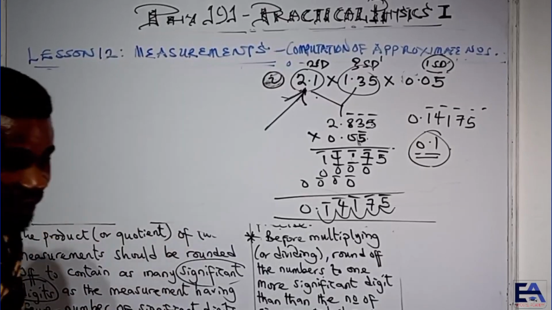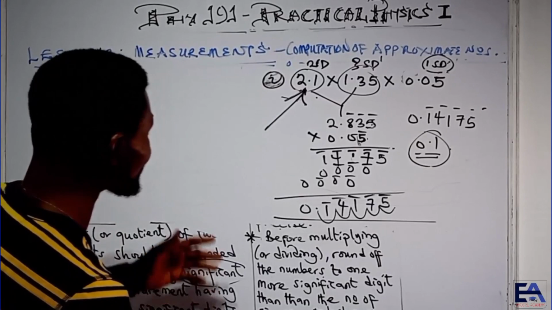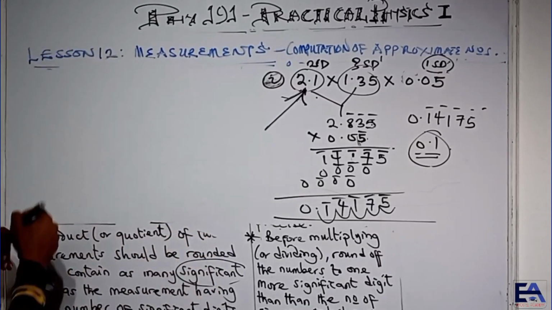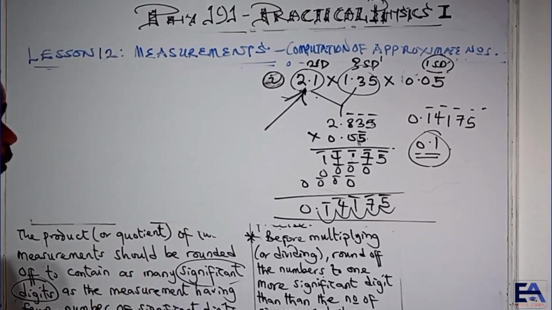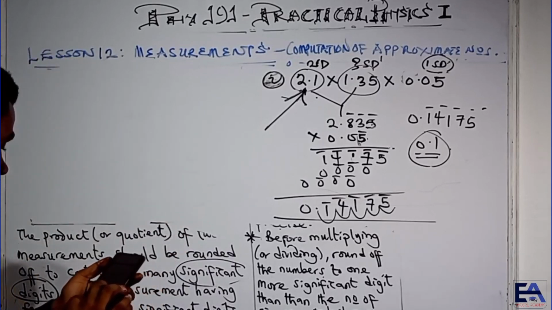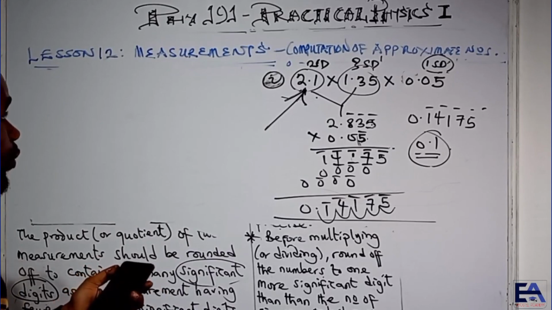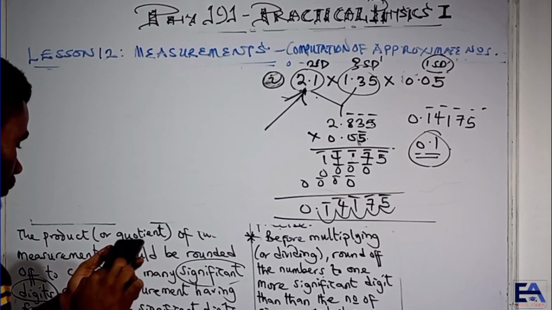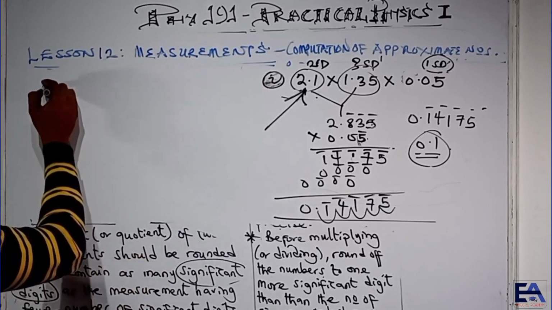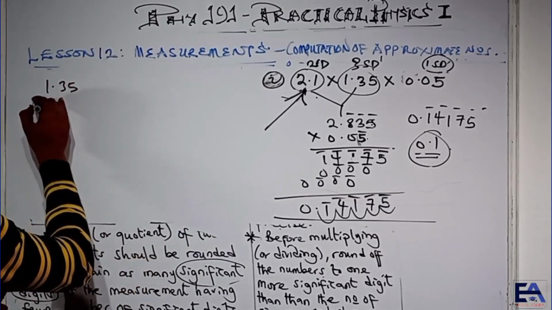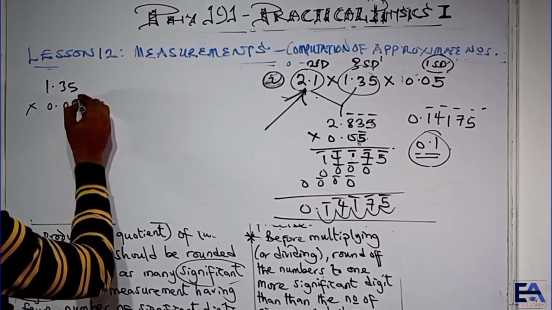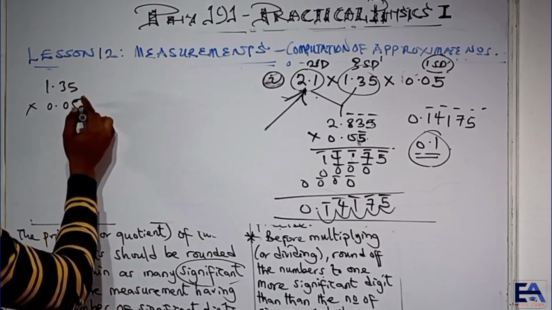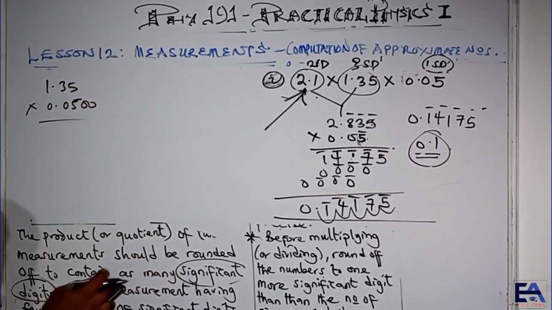Yeah, let's use a calculator to save time, because I am running out of time here. So let's just use the calculator. What we would have had is 1.35 multiplied by 0.05, but make this one to have 2 significant digits, although the calculator will still give you the same results.